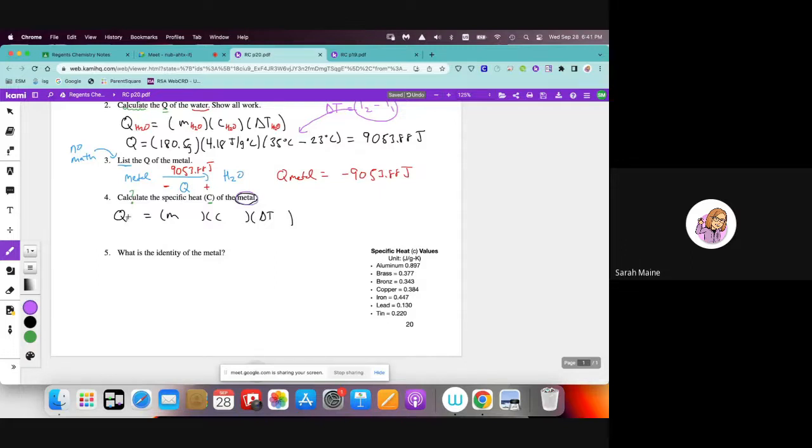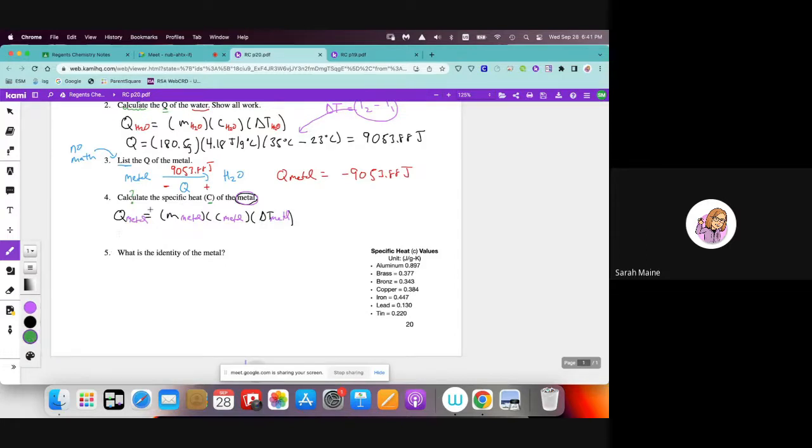So that means we need to know the Q of the metal, the mass of the metal. The C has to belong to the metal, not to the water, and the temperature change has to belong to the metal also.